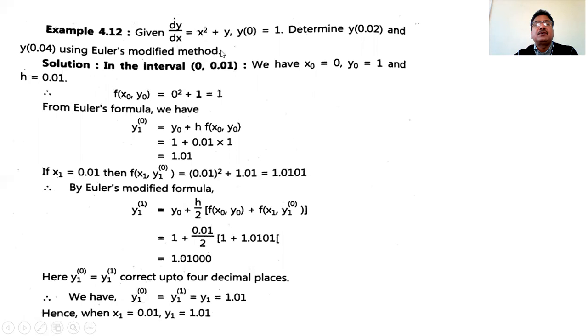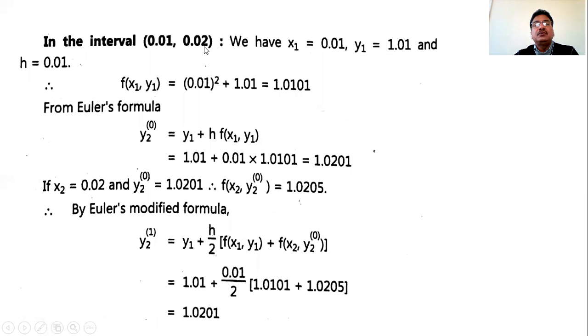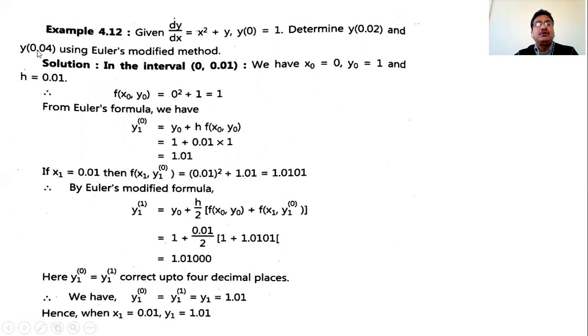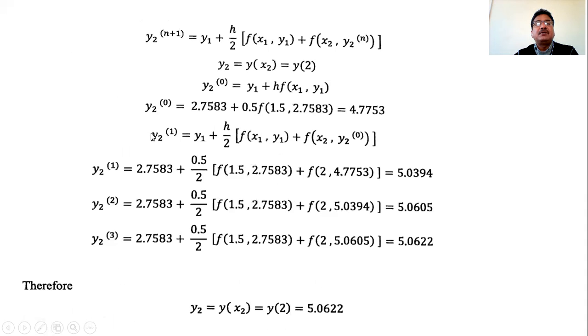Determine y at 0.02 and 0.04. So first consider the interval 0 to 0.02, dividing it into two parts. That is, first take the interval 0 to 0.01, then 0 to 0.02, then 0 to 0.03, and then 0 to 0.04.